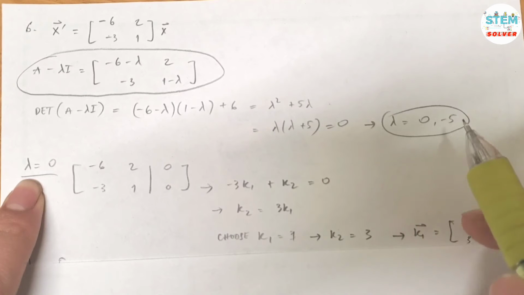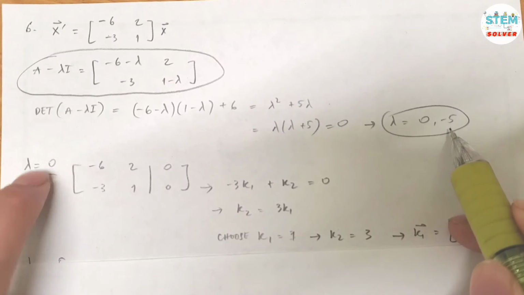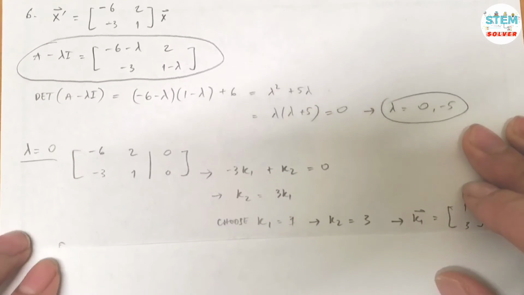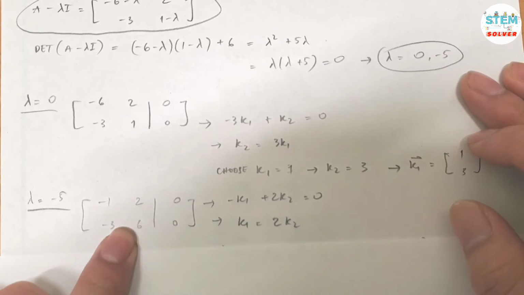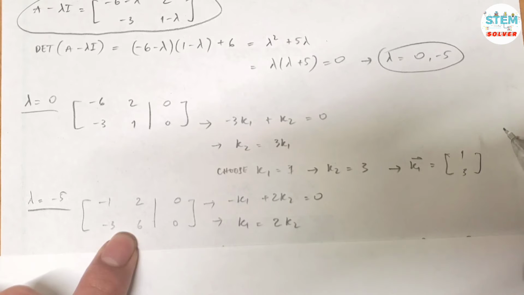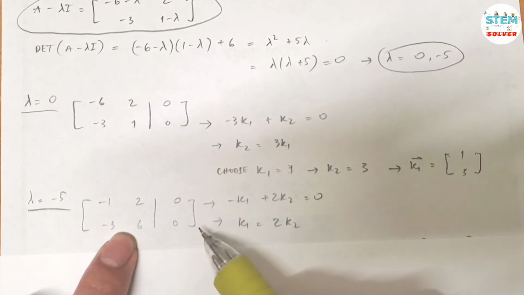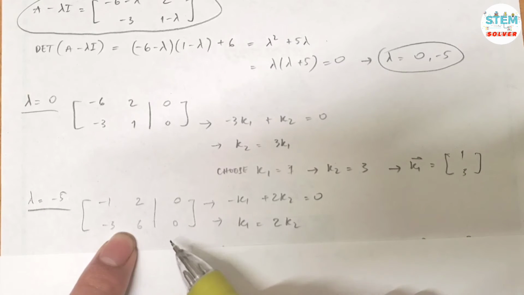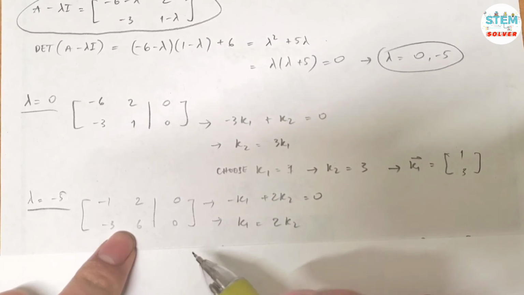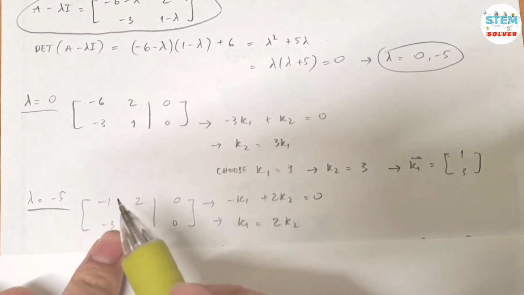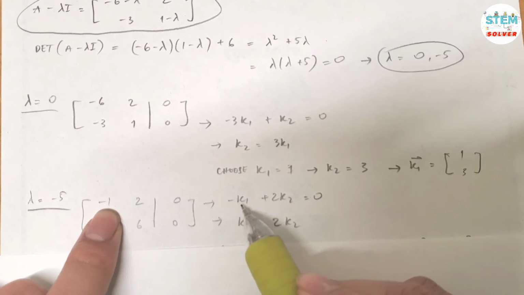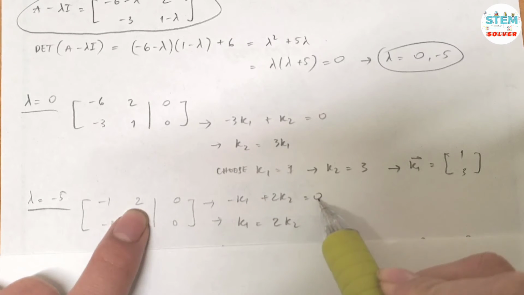Now you are going to do the same thing for lambda equals -5. Plug it in, and you will get a new matrix, augmented with 0 again. You will get infinite solutions if you reduce this down. So instead of reducing it down, I'm going to use one of these equations to solve for the unknowns. -1 k1 plus 2 k2 equals 0.